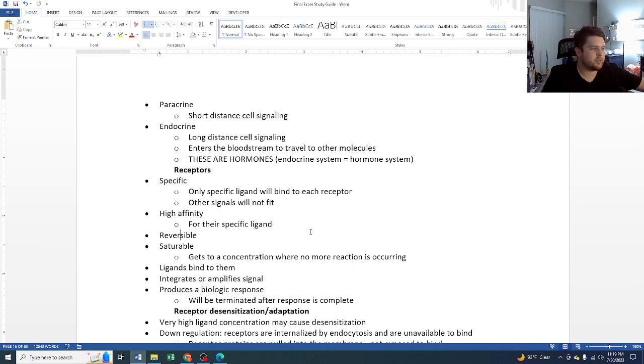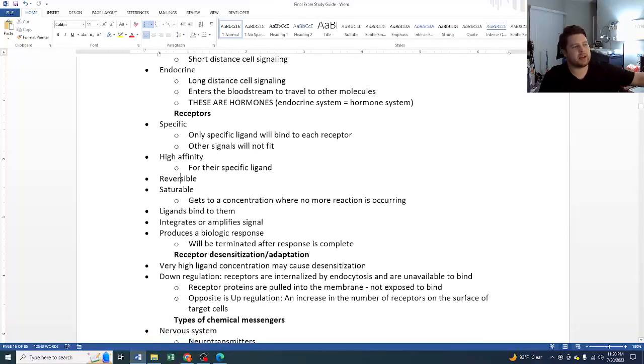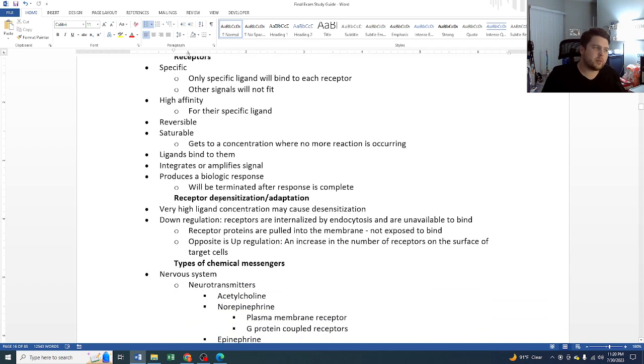Most often, these are also reversible, unless something binds into it that makes it irreversible, something that's not supposed to be binding there, like those heavy metals. Saturable means that you can have a concentration where no more reaction is occurring, so all of the receptors can be filled. Ligands bind to the receptors, which integrates and amplifies the signal and produces a biological response.